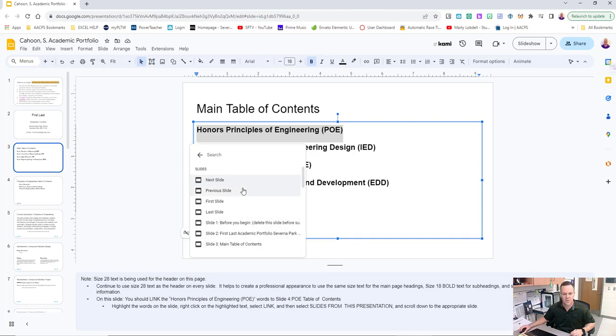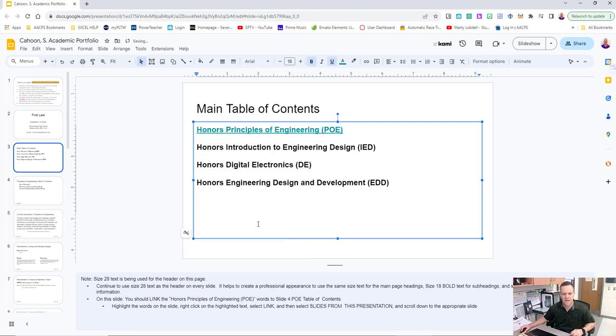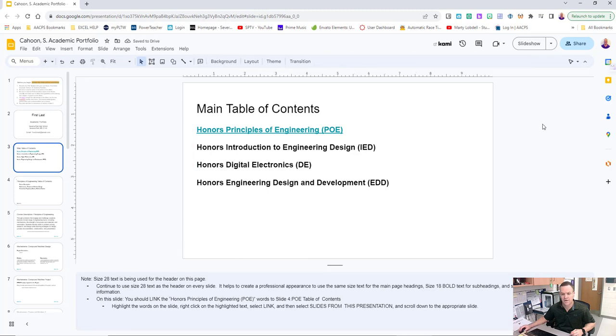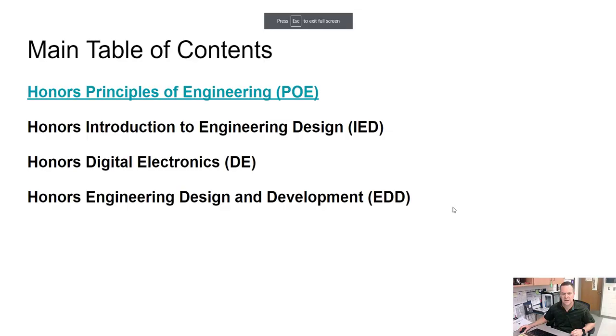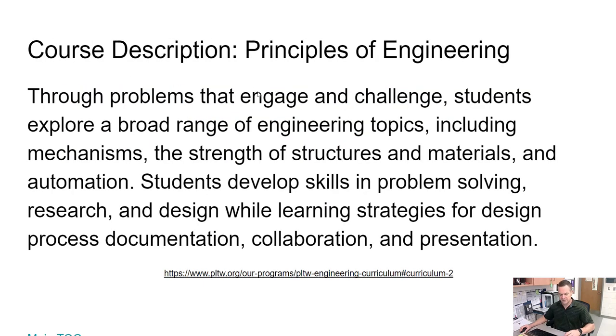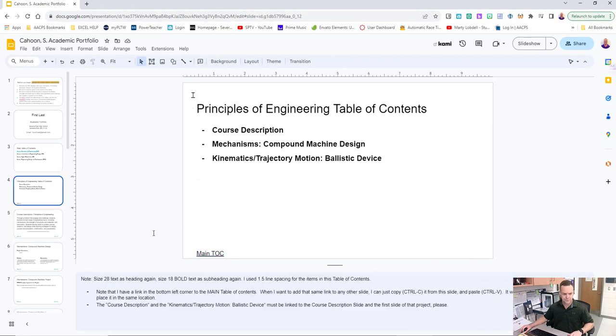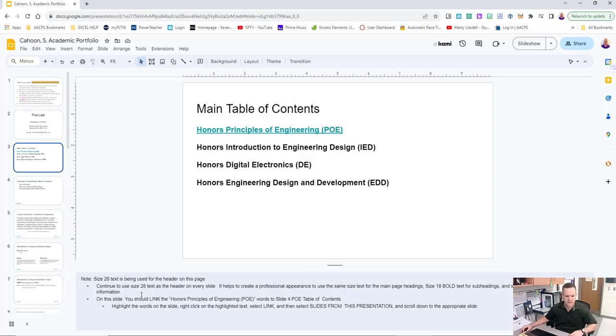So I want to link it to slide 4, Principles of Engineering Table of Contents. And now that is linked. If I want to test that, I can click Slideshow, and you'll notice it takes me to the table of contents. So that is hyperlinked.